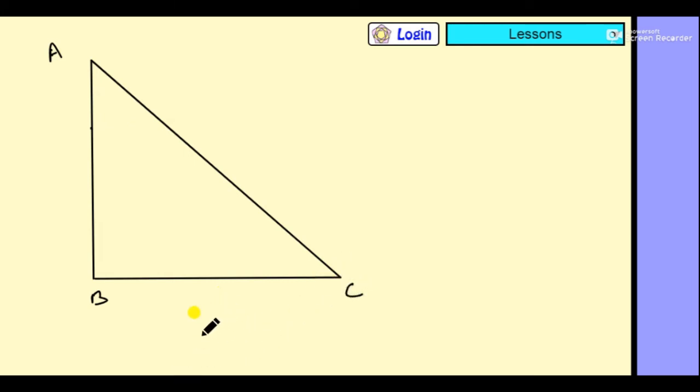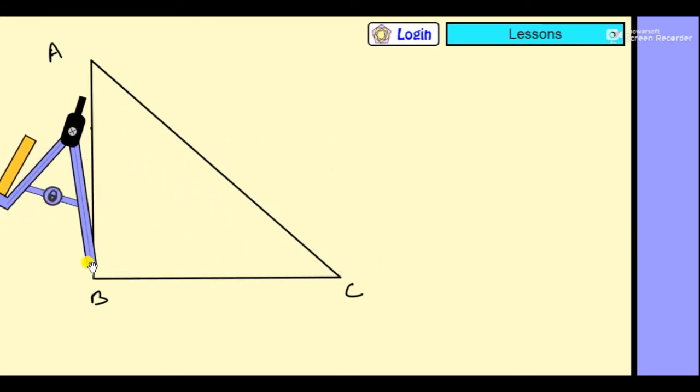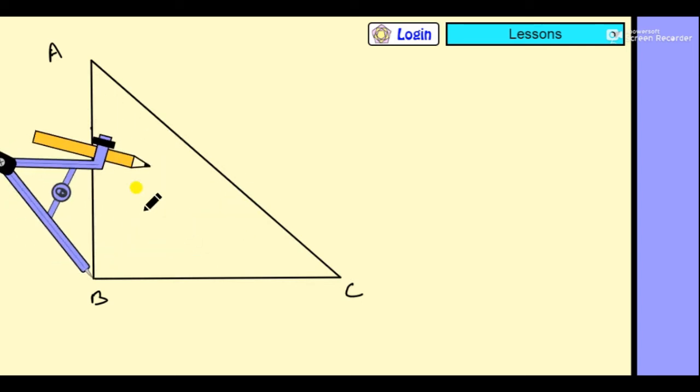Now draw a perpendicular line from these vertices, from B, and then from A, and then from C. So let us see the perpendicular. How can we draw a perpendicular line from vertex B on AC? Now take a roundel and put it on the point B. Now remove it here and open this.